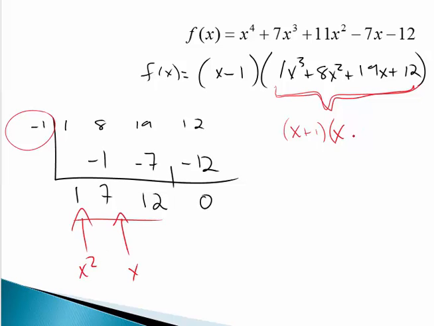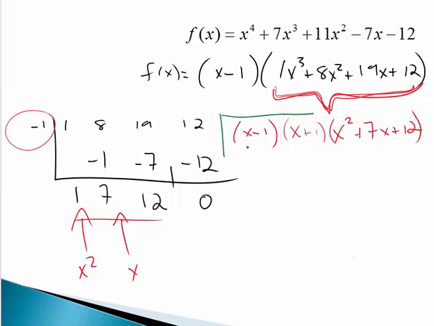This is my linear term, and so forth. So that's just this cubic factored as the product of the linear and the quadratic, and this guy we got from before. So now I have f as this, a linear and a quadratic. If you multiplied all that out, you should get this.